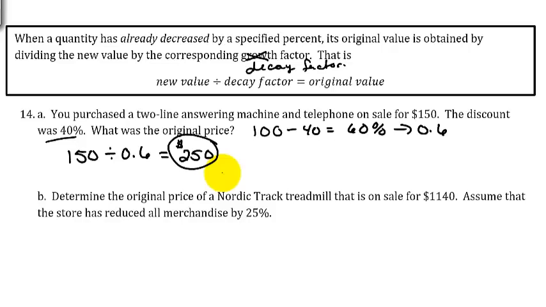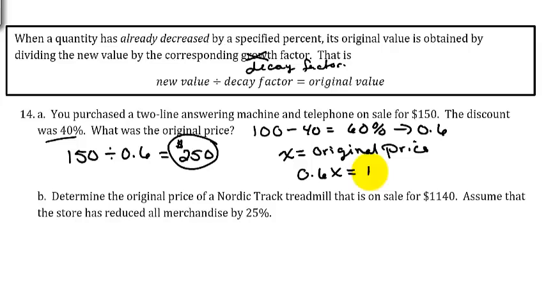Again, you could set this up the other way if you prefer. The way that we would calculate the decrease would be to take the original amount, which is what we're trying to figure out, so that would be some variable x. You take that original price and multiply it by the decay factor, which is 0.6.